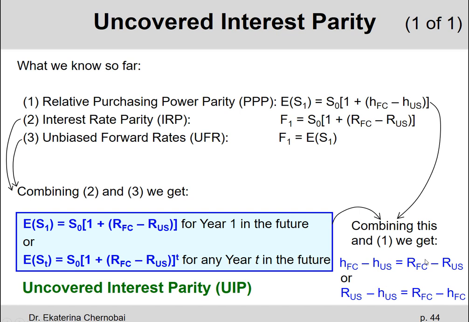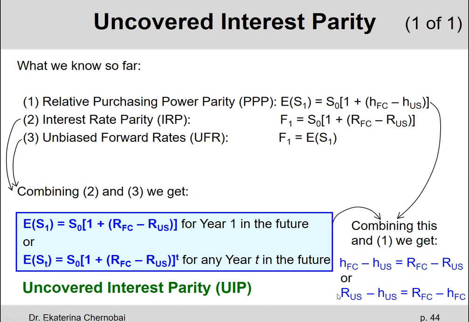So for example, if we move R_US to the left-hand side, it changes the sign from negative to positive. If we move H foreign country from the left to the right, it changes the sign to negative from positive. And we then get R_US minus H_US equals R foreign country minus H foreign country.